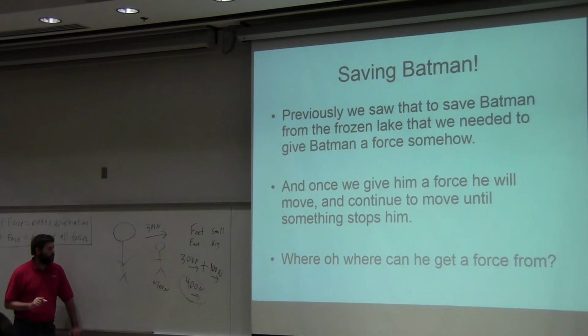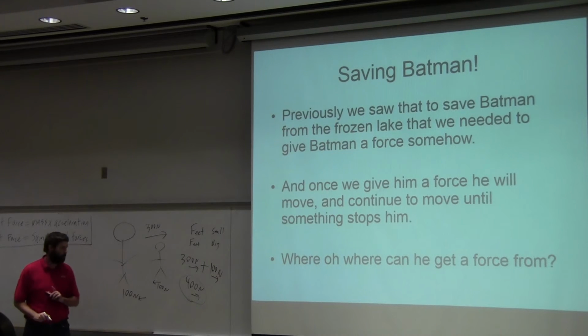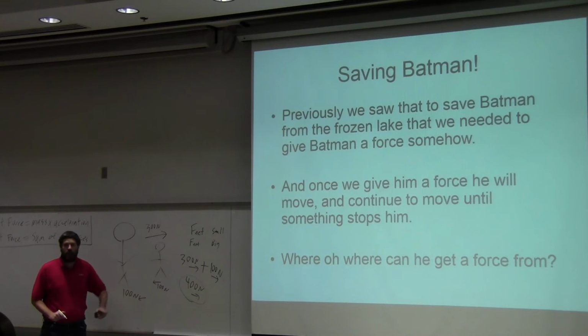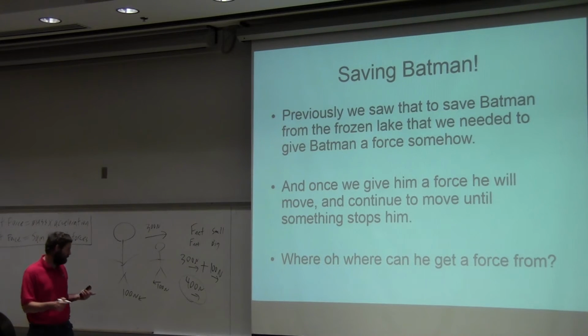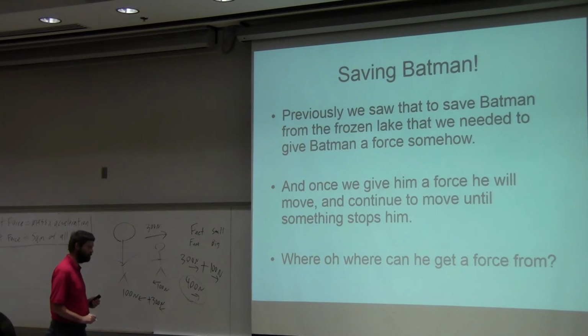All right, so what about the big guy? Well, we know the big guy's getting 100 newtons this way from the little guy. What else? Well, he's pushing him, but he's going to get a Newton's third law back. So he's going to get 300 newtons back from Newton's third law.